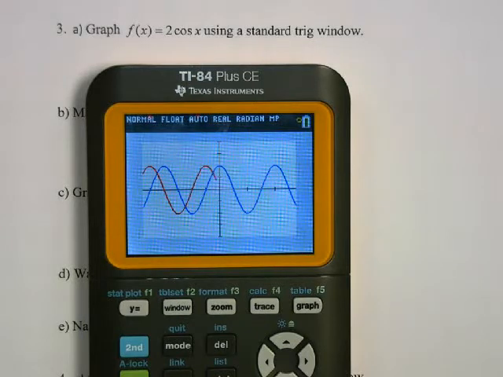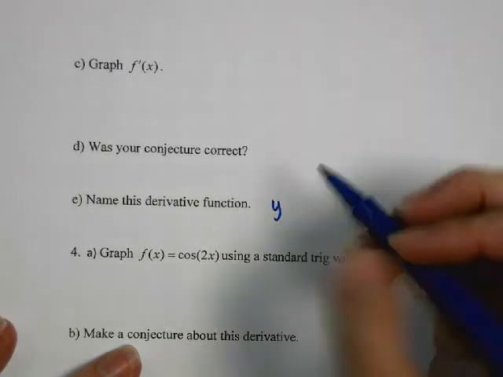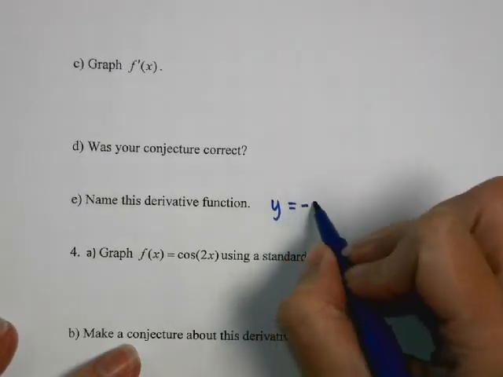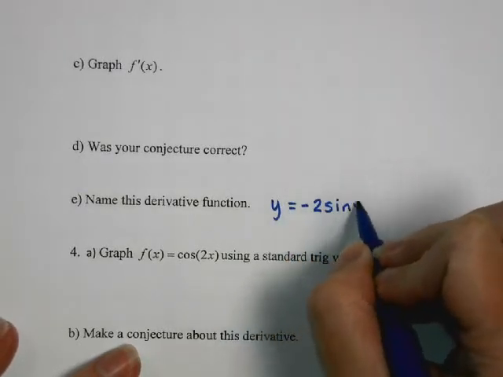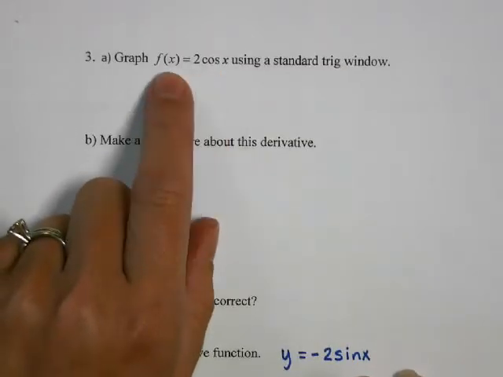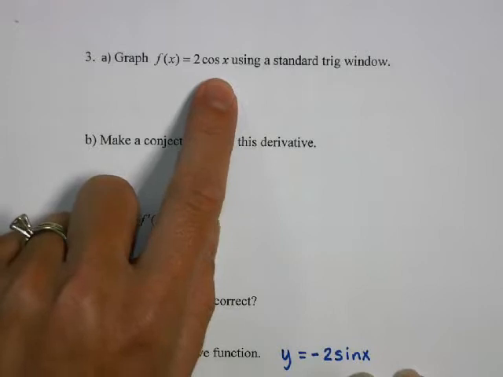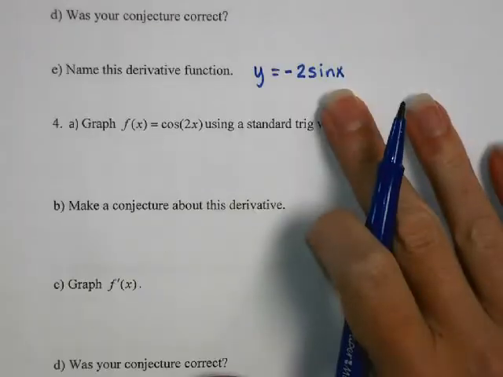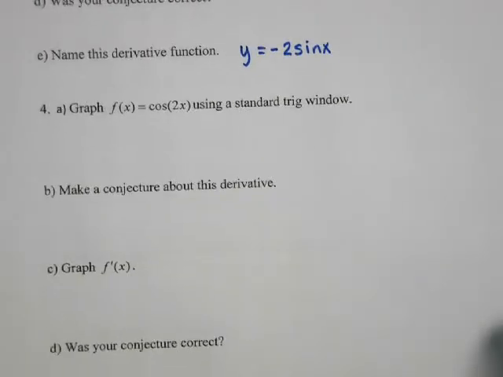And if you guessed negative 2 sine x, you are correct. The derivative function is y equals negative 2 sine of x. And we said with the power rule that if I'm just multiplying by a constant, then the derivative is going to get multiplied by that constant.